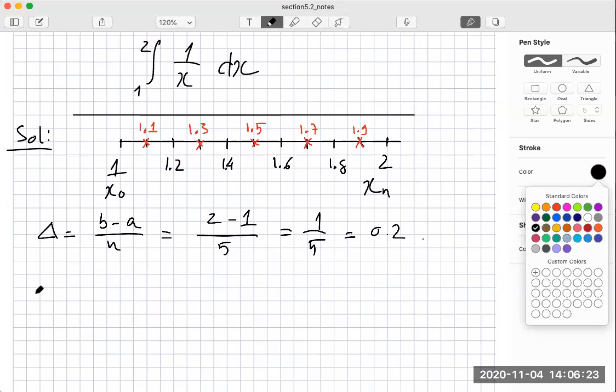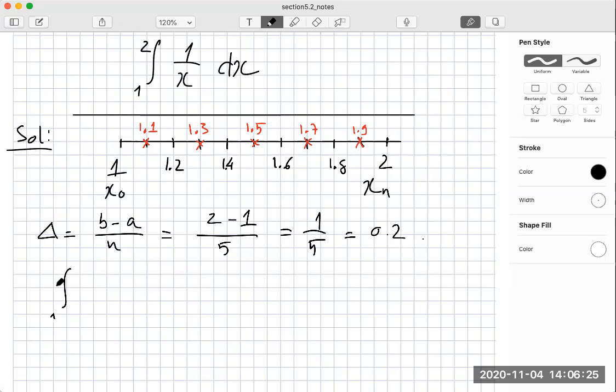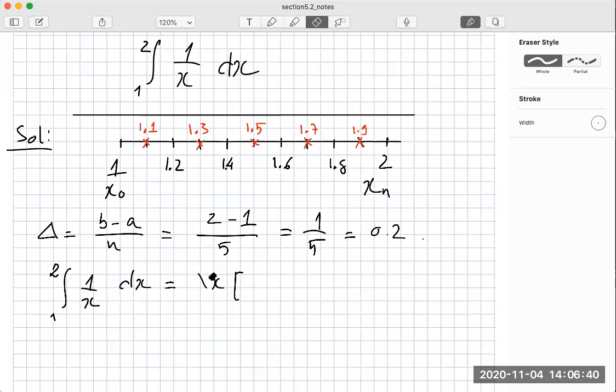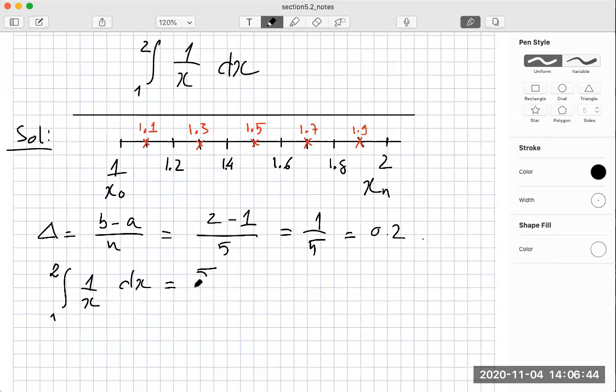So from the definition, the approximation of the integral from 1 to 2 of 1 over x dx will be delta x, right? Let me just write it down clearly. Sum from i equal to 1 to n of f of xi star times delta x.